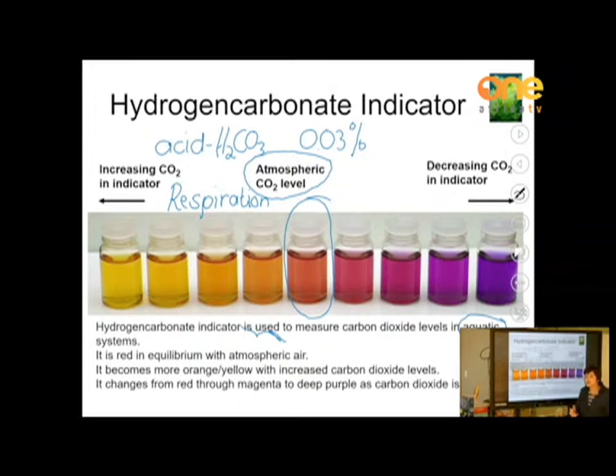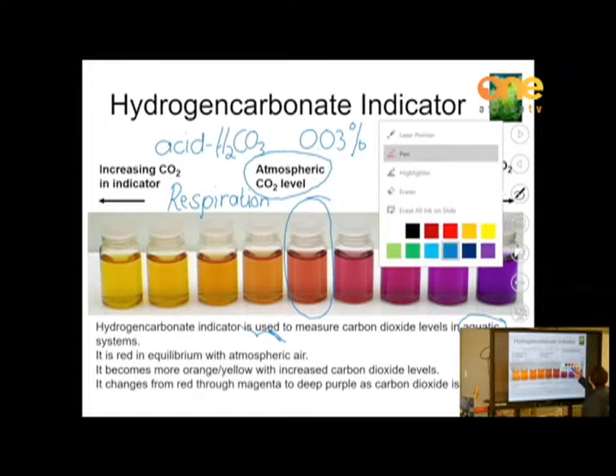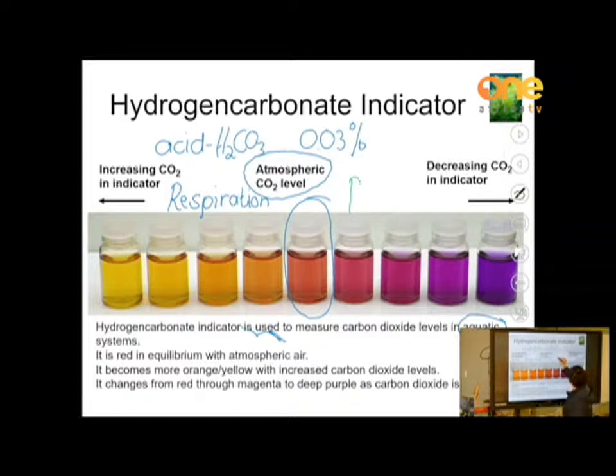Which process will decrease the amount of carbon dioxide? And that will be photosynthesis. Because photosynthesis uses carbon dioxide. Does that make sense to you? Okay. Now, is photosynthesis taking place during the day or during the night?